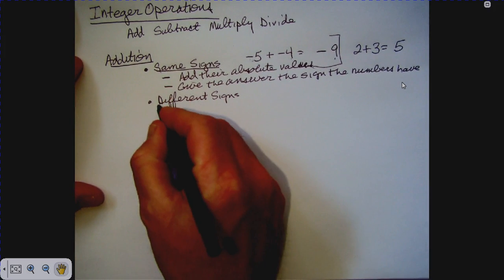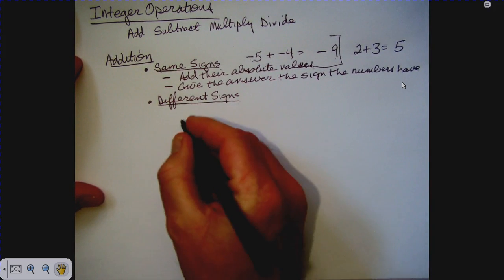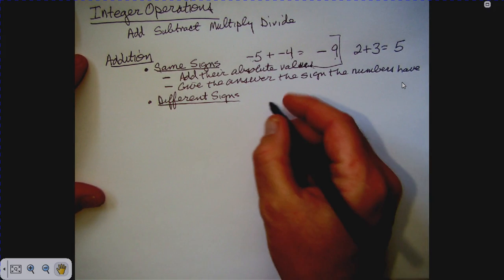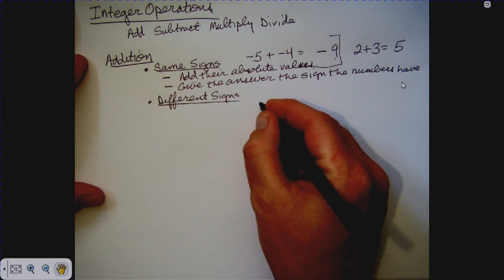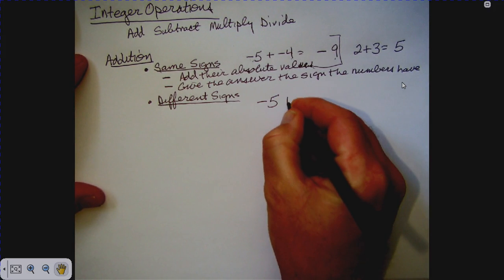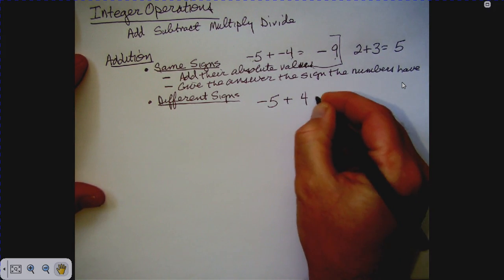Well, it's not much more difficult for different signs. So with different signs, here's an example. Let's say we have -5 plus 4, a positive 4.